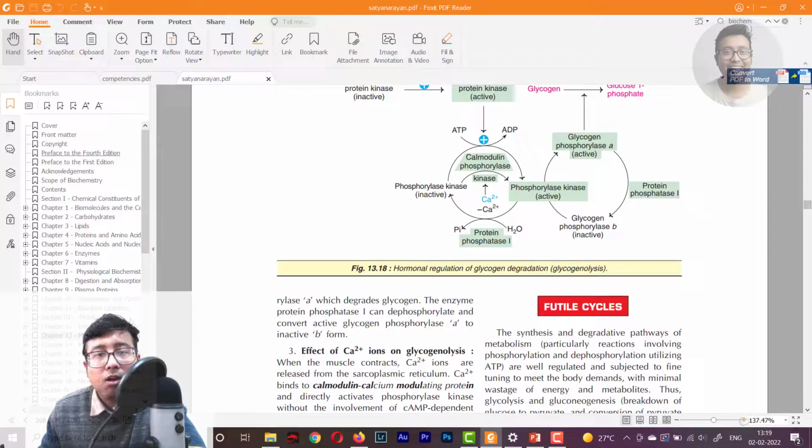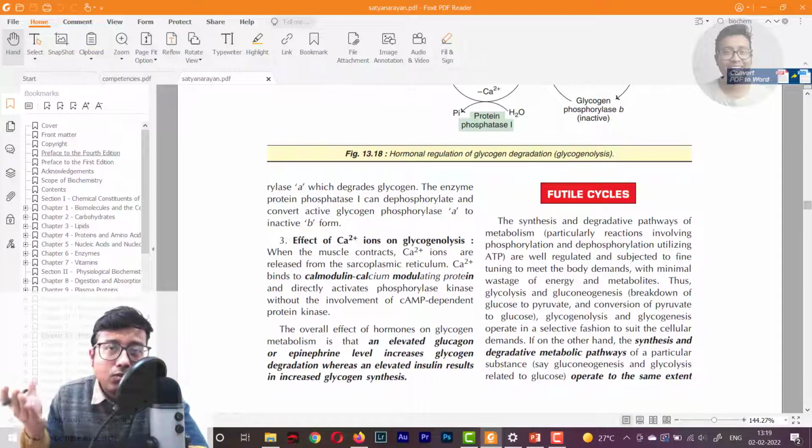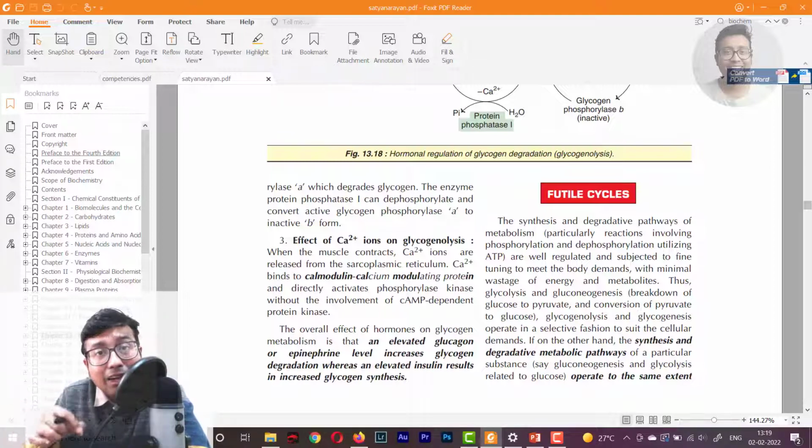Next, in case of oral, the examiner might ask you what is a futile cycle. Futile cycle means the synthesis pathway and the degradation pathway are coupled. For example, glycolysis and gluconeogenesis, or glycogenesis and glycogenolysis. If both of them are occurring together, then it becomes a futile cycle, useless, right?